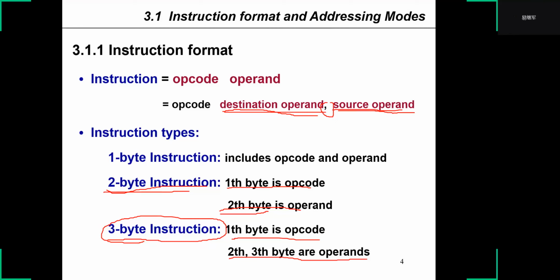If there is a 2-byte instruction, the second byte is the operand, and it is both destination and source, which means you can operate on the operand and save your result to the same operand.